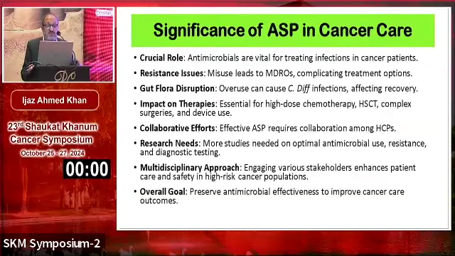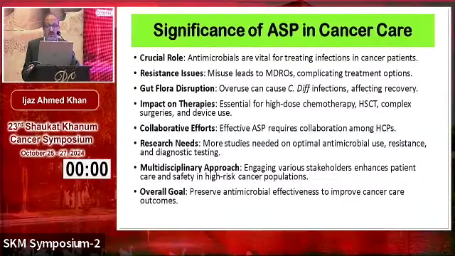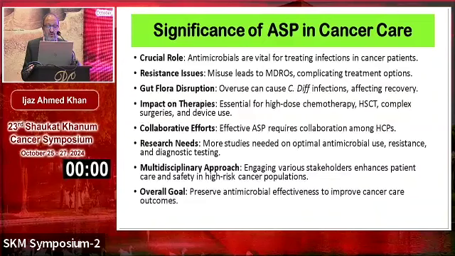And for ASP, you have to have collaboration, you have to have a team, and you need more local research, especially on how to use optimal therapy, and look at your resistance and your local hospital data for making ASP guidelines as well. Overall, the idea of ASP is to ensure that you preserve antimicrobial effectiveness to improve patient care outcomes. Thank you.